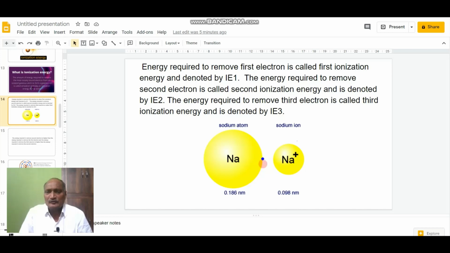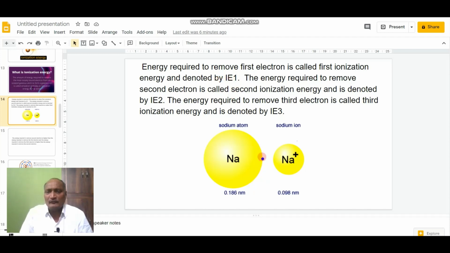If we remove this one electron from the valence shell while converting the neutral sodium atom into a sodium ion, the energy required to remove this first electron is called IE1.